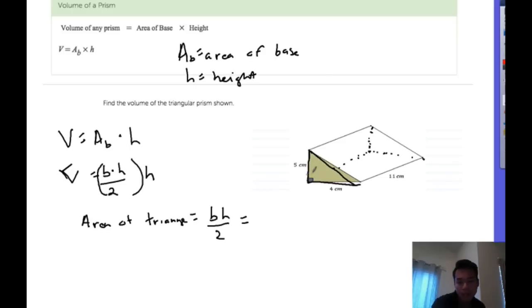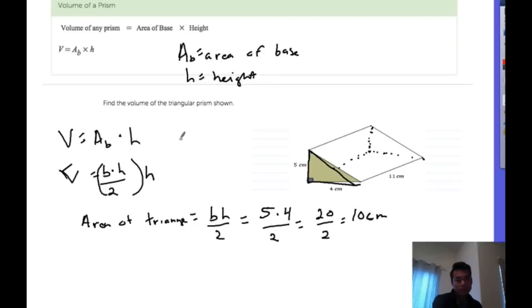You always look for the right angle because this is a right angle triangular prism. Okay, so it's going to be 5 times 4 divided by 2, which becomes 20 divided by 2, which is 10 centimeters squared. So there's the area of my triangle.